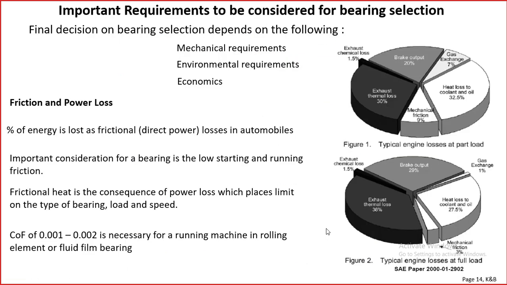So important requirements to be considered for bearing selection. So these are the important things which we need to consider while selecting the bearing. The first thing is that typical engine losses at partial load can go up to 10%. So 10% is the mechanical loss.